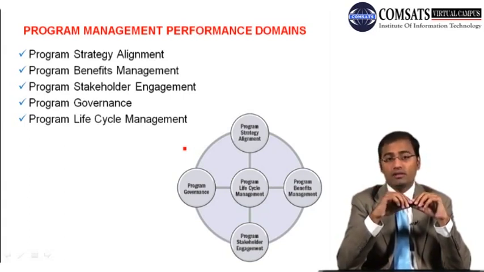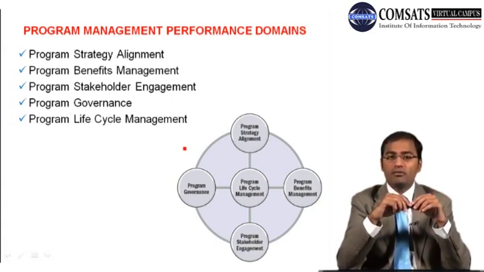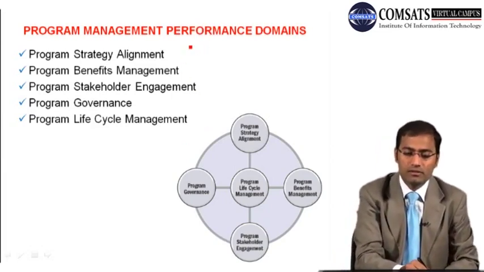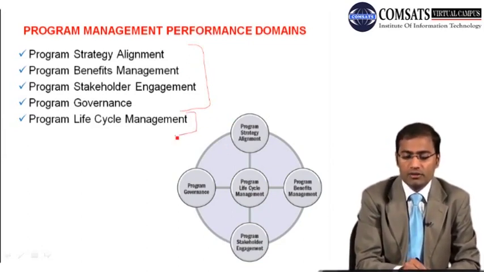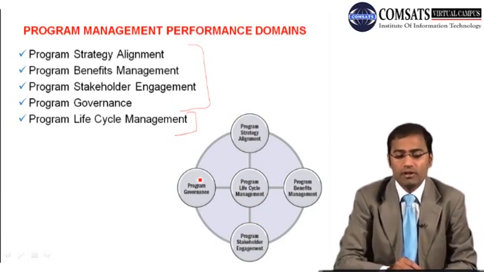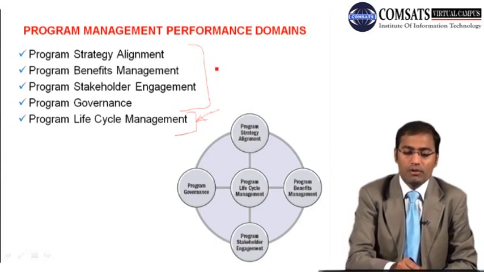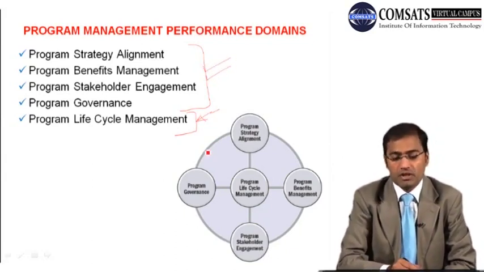As I have told you, this lecture is divided into 2 parts. In the first part, we are going to talk on the first 4 things of the program management performance domains. The last one, though it is part of the program management performance domains, will be discussed separately as well, putting some importance on that, because it is going to be discussed in upcoming lectures.